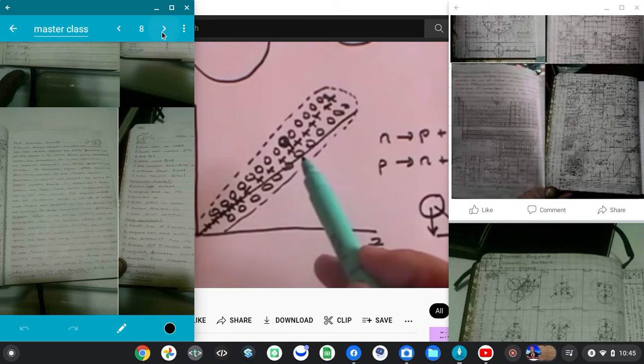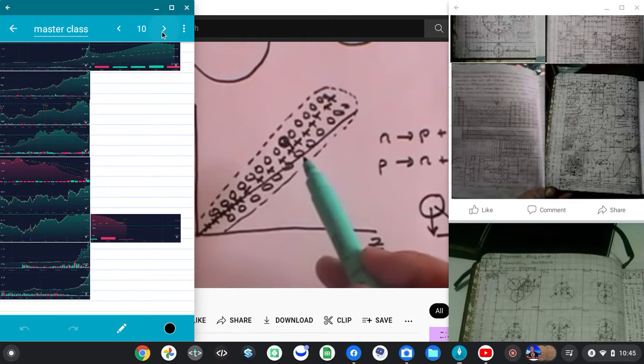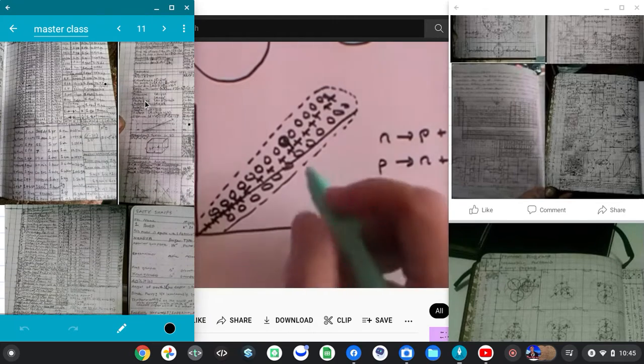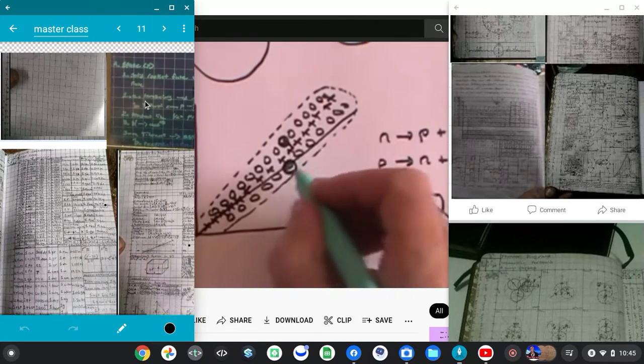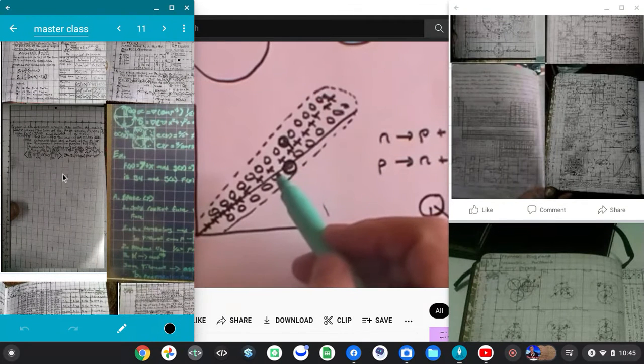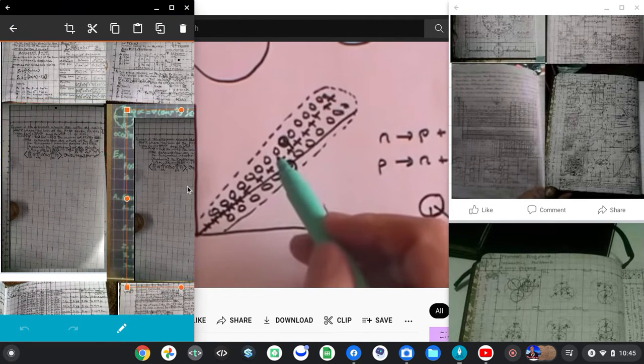Similarly, if you're on this position here where you're proton rich and you're going to change protons to neutrons, what you're going to do is decrease the number of protons by 1 and increase the number of neutrons by 1.